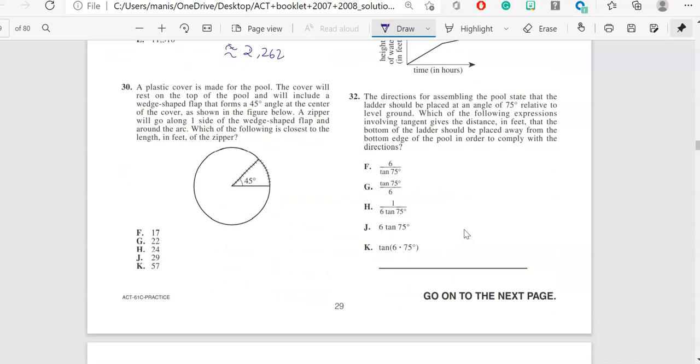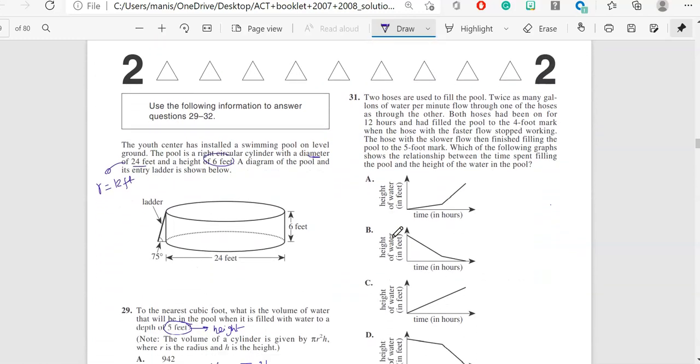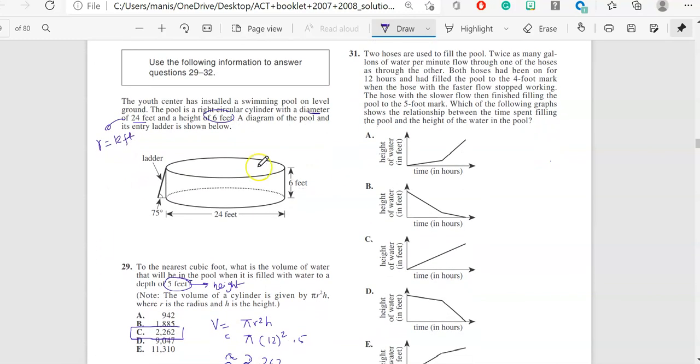Now let's look at question number 30. First, try to solve this on your own, and then look at my work. A plastic cover is made for the pool. This question is a continuation of the previous one; until question 32, all of them relate to this diagram.